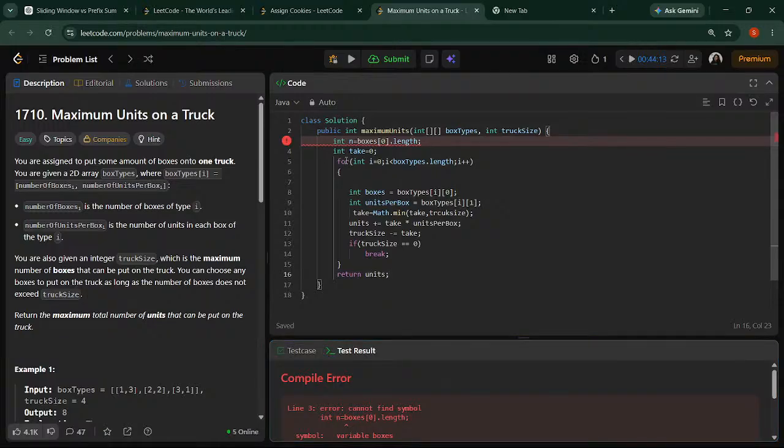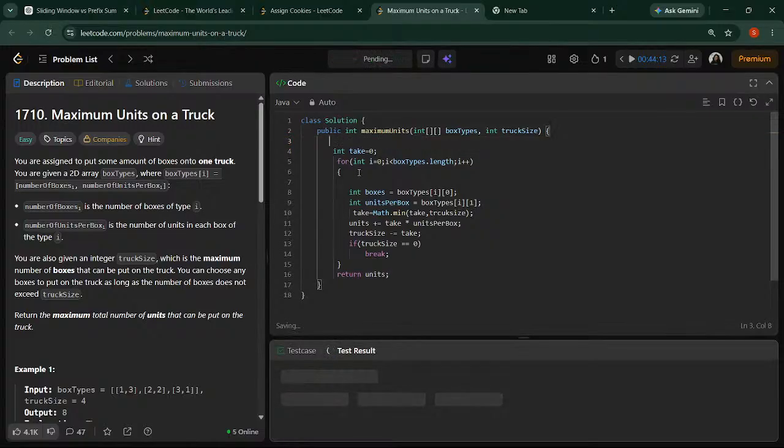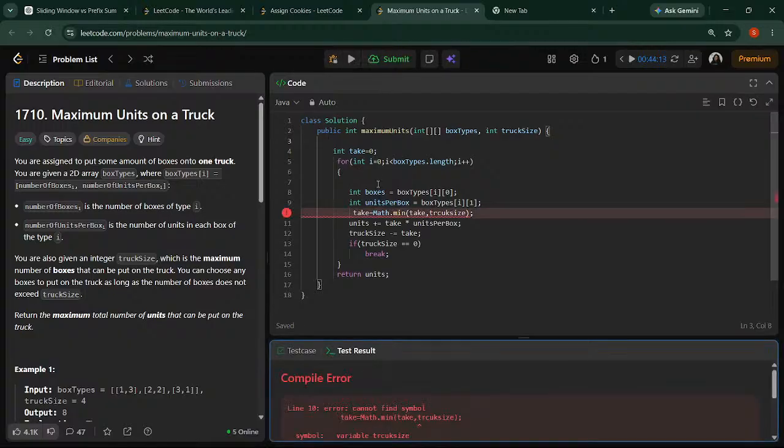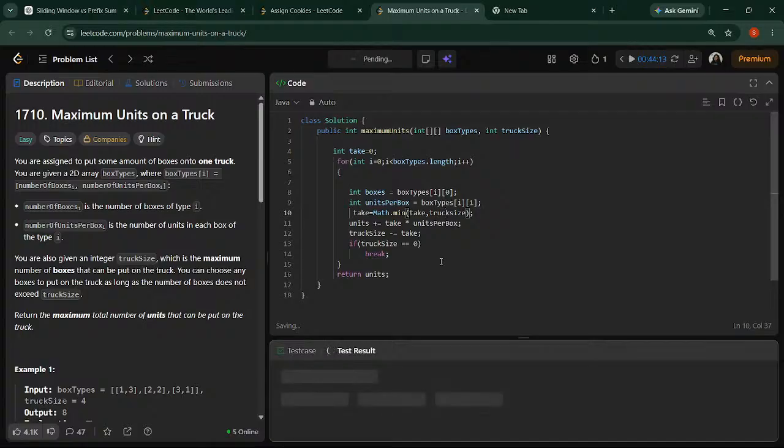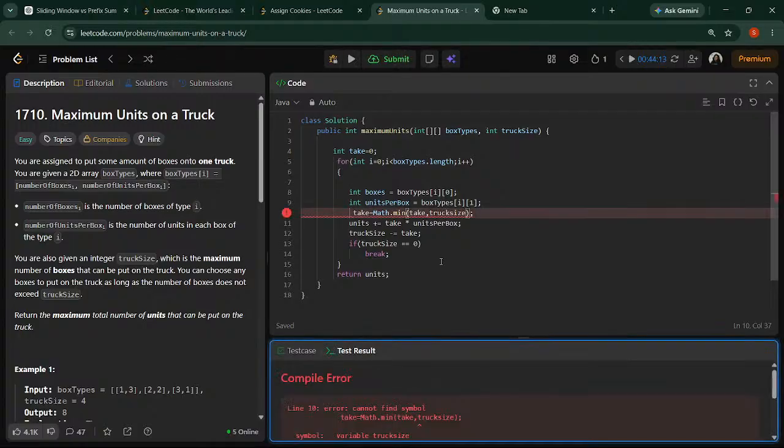Cannot find symbol. I haven't even used any variable. Let's just remove it. Truck size, it should be truck size. Cannot find symbol truck size.